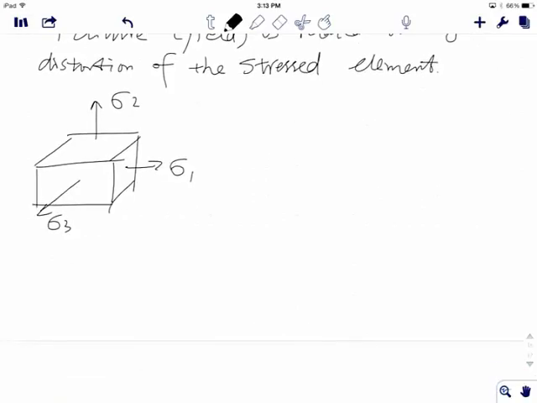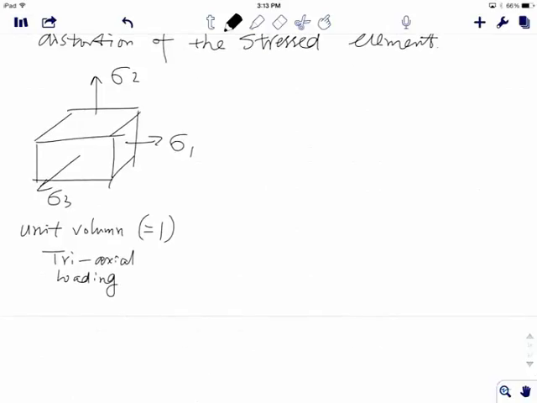Okay, so we say it has a unit volume, therefore the volume equals 1. And it's under a triaxial loading. Okay, let's say this is case A. Very generic case, 3-dimensional loading, and every single direction has a different value. Sigma 1, 2, and 3 are not equal to each other.